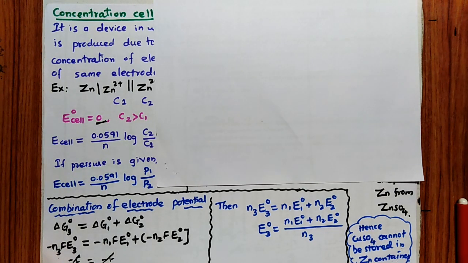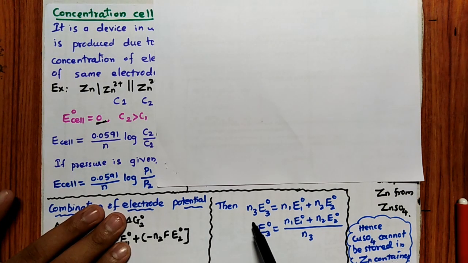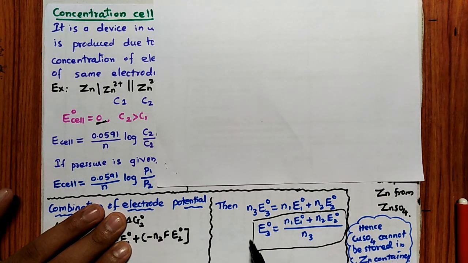So remember, n3 E3 naught is equal to n1 E1 naught plus n2 E2 naught. Correct? So E3 naught is equal to n1 E1 naught plus n2 E2 naught, divided by n3. Like this, you can use the formula to calculate. From this also remember, in NEET and JEE exams, it is a very important type.